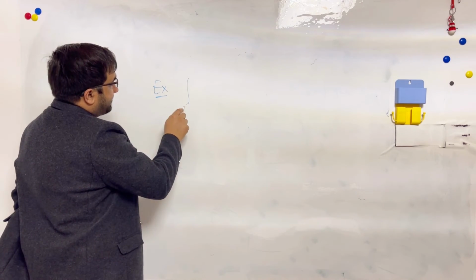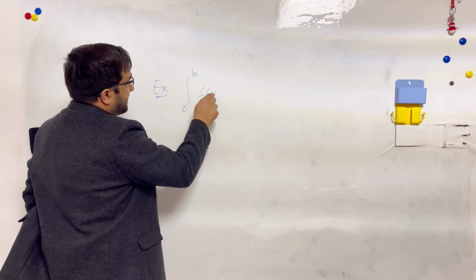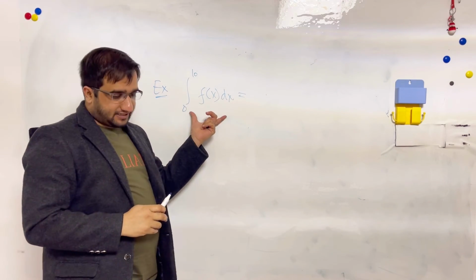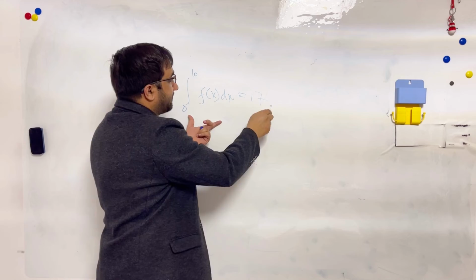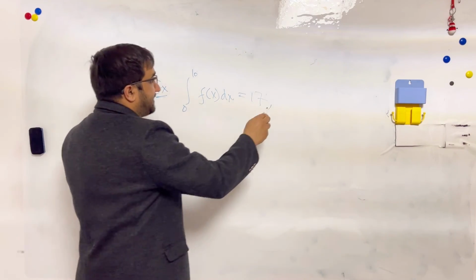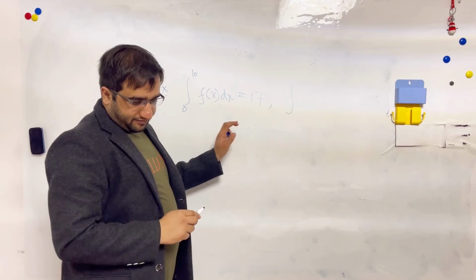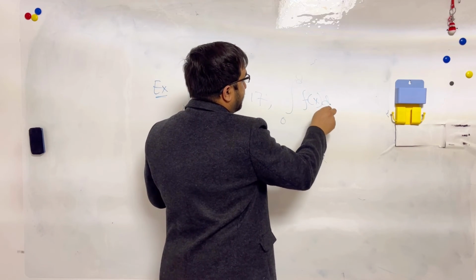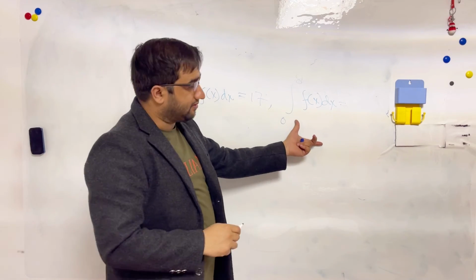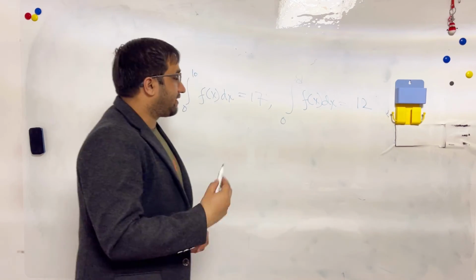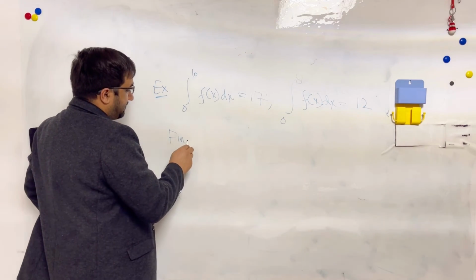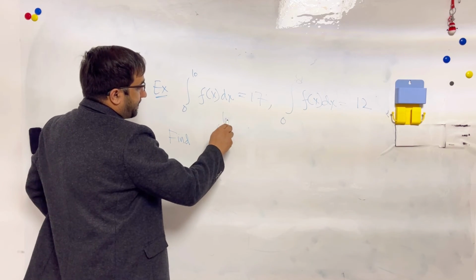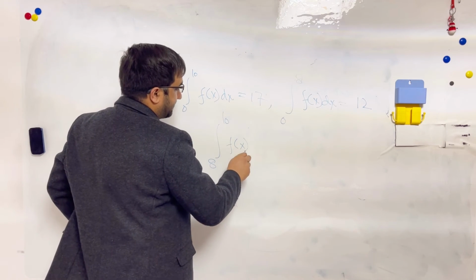If you have the integral from 0 to 10 of f of x dx, and the answer for this integral is given to you, say 17, and there is another integral from 0 to 8 of f of x dx, and the answer for this integral is given to you as 12, and you are asked to find the integral from 8 to 10 of f of x dx.